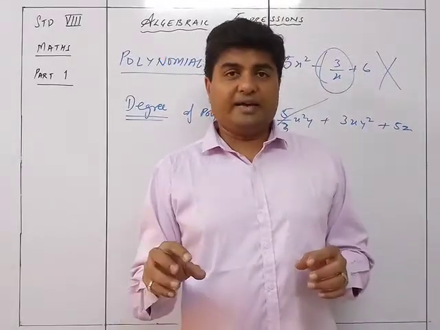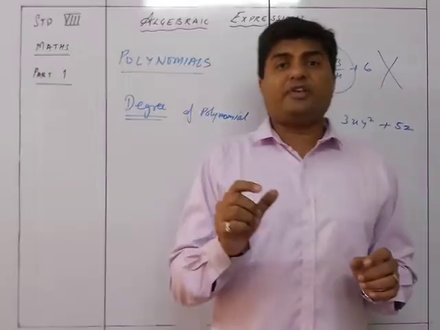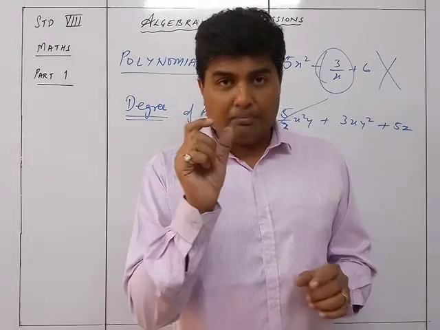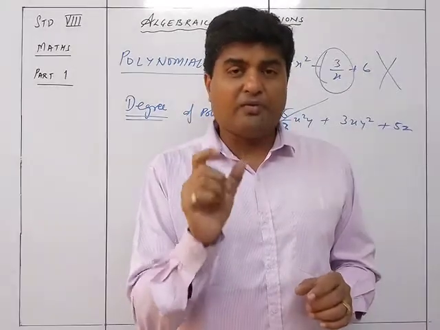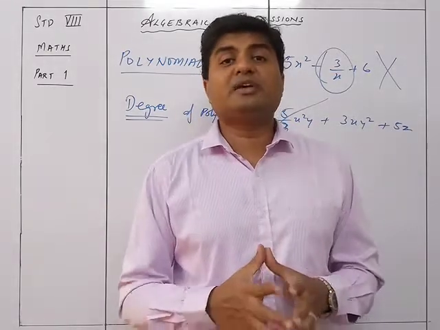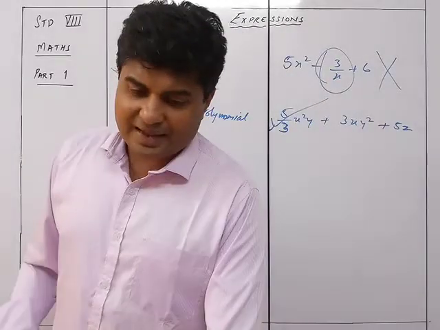Whatever polynomial is there, वो polynomial के अंदर कौन से टर्म में सबसे maximum number of variables है, that number, the number of variables in the term, becomes the degree of that polynomial. Okay, so let's take an example.